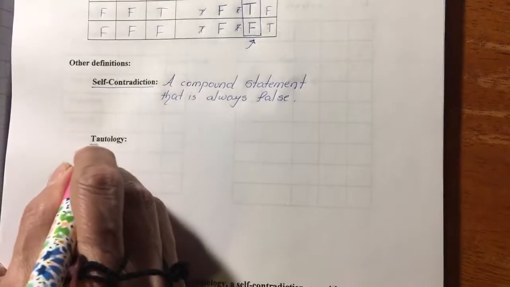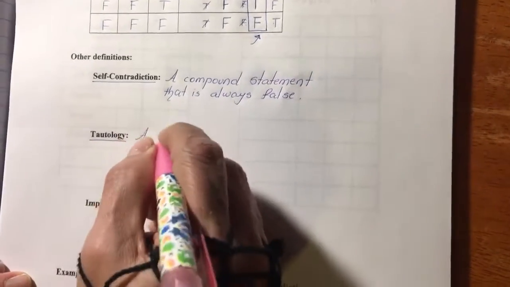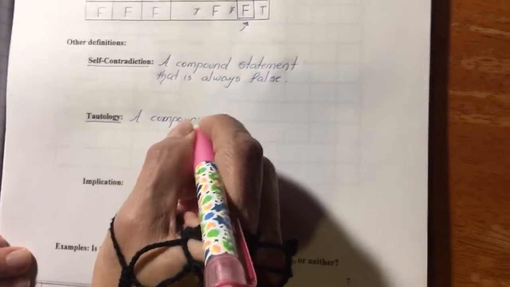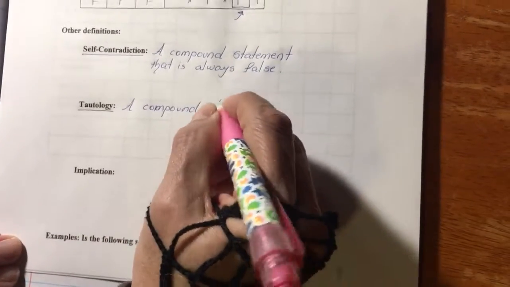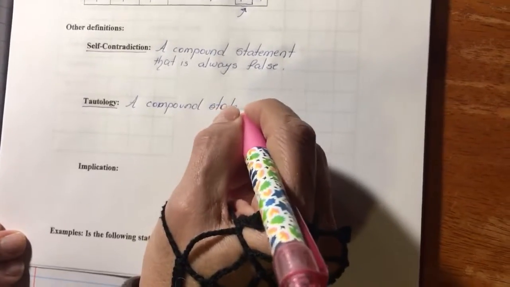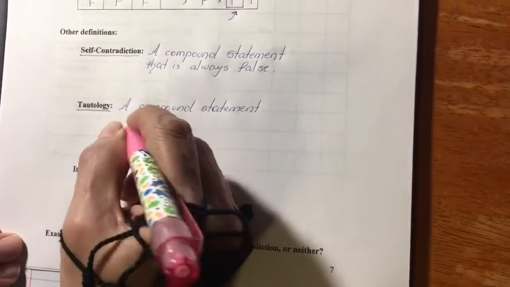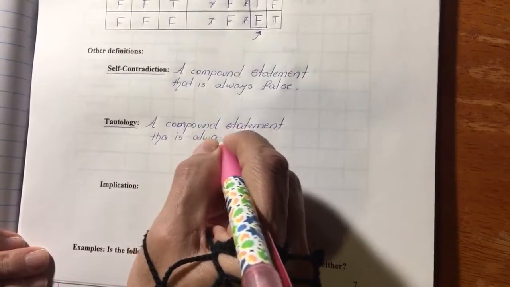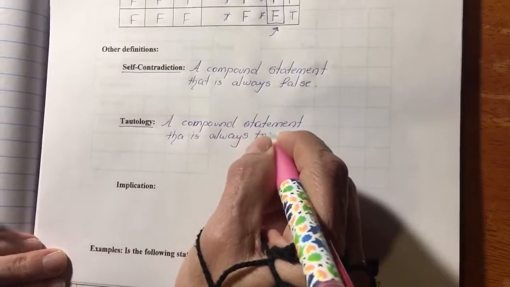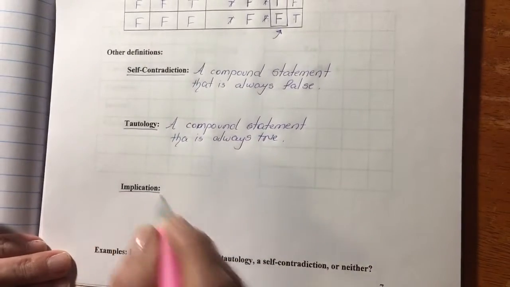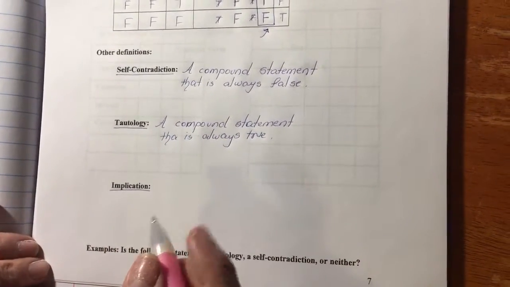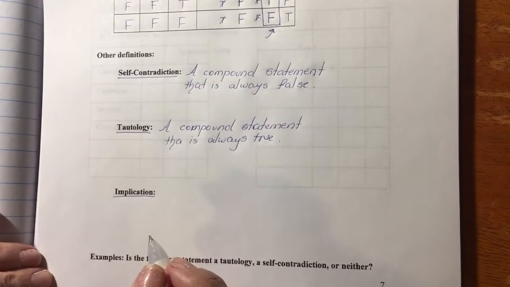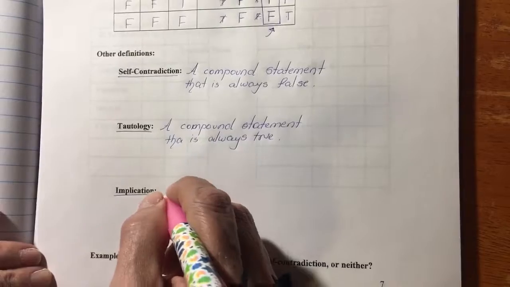Then a tautology is a compound statement that is always true. And the last one is implication. An implication is a conditional statement that is a tautology.